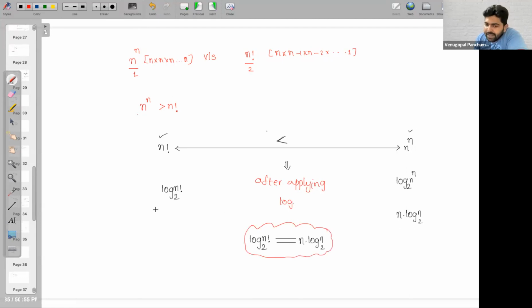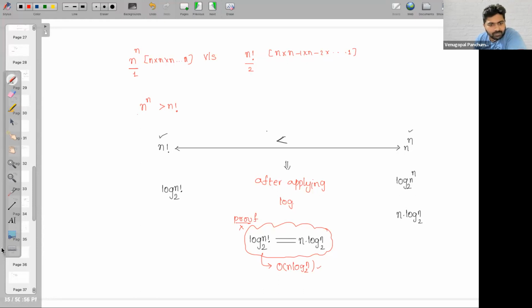Therefore, log n factorial base 2 we can write as order of n into log n. See, this proof is not required, friends. A lot of mathematics is involved to prove this. If you want, you can Google the proof, but it is not required. Just remember that for n factorial, if you apply the log, it will become n log n.